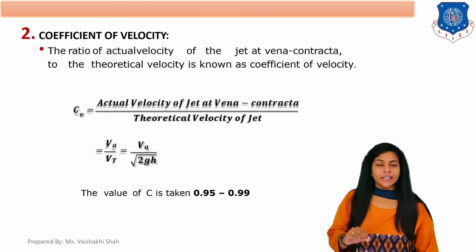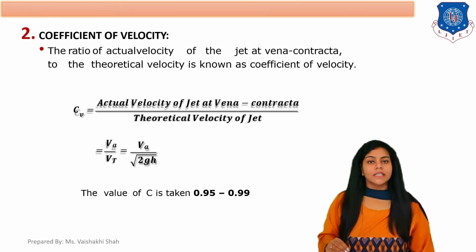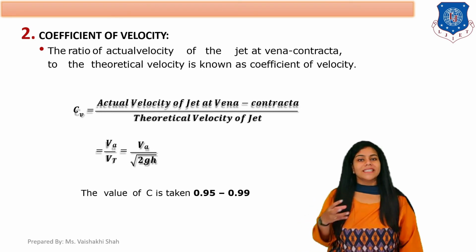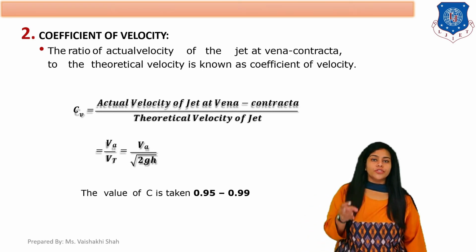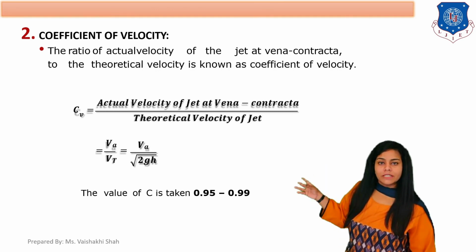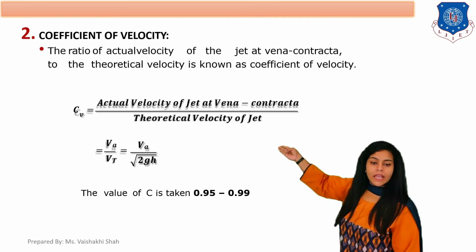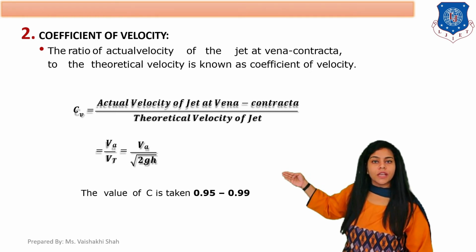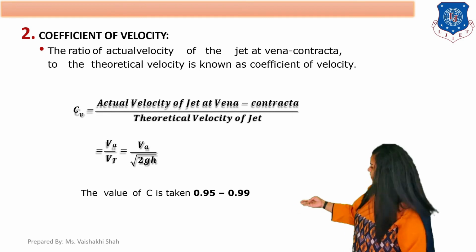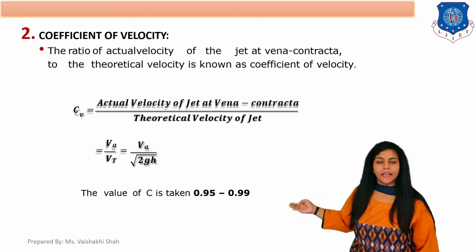Now Vt, the theoretical velocity, as we know, is root 2gh. So Cv, the coefficient of velocity, equals Va upon root 2gh, and normally we consider the value of Cv as 0.95 to 0.99.